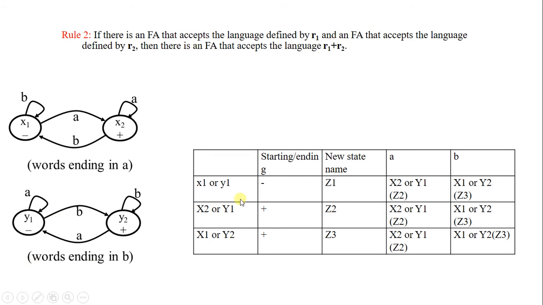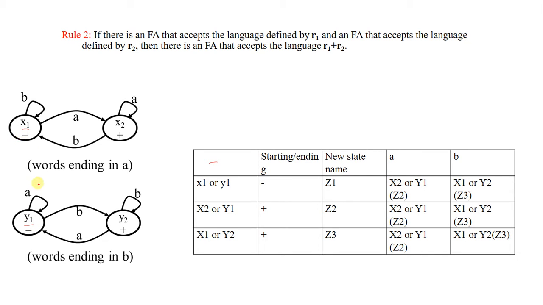So here is the table, and here we have these states. We start with the starting states of these two FAs, x1 and y1, because both are starting states.